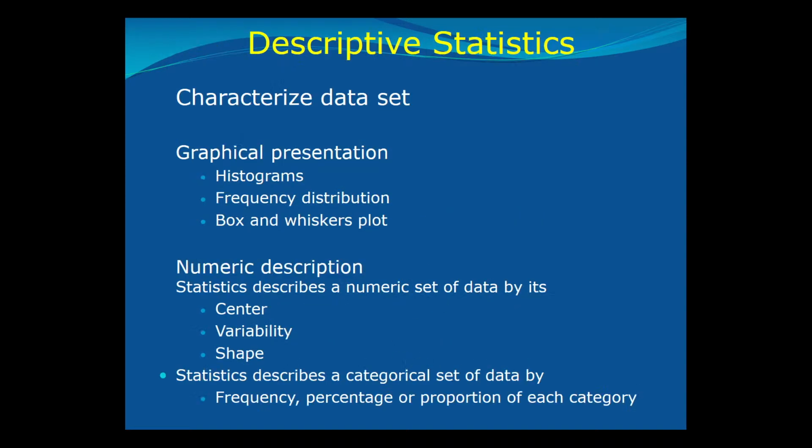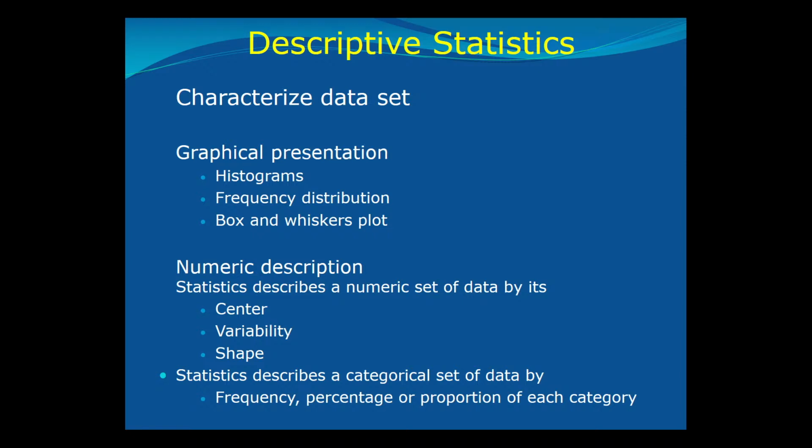So we use descriptive statistics to characterize a data set. We can use a graphical way to represent our data set or use table form. If we use graphical presentation, we should use different types of graphs, such as histograms, frequency distribution, box and whiskers plot.